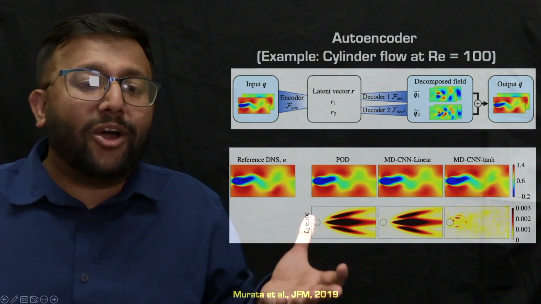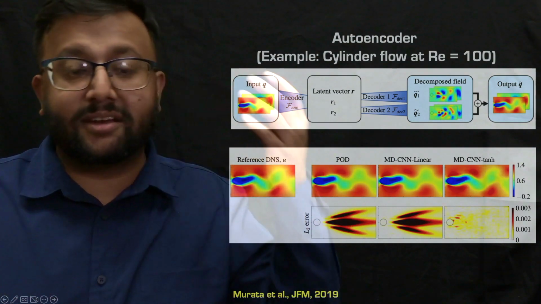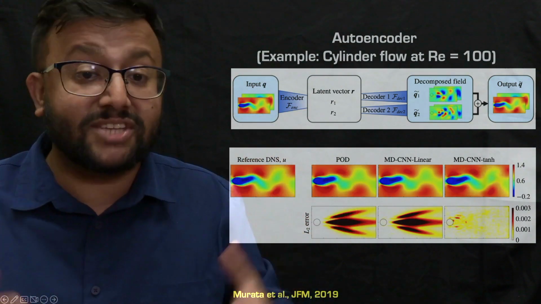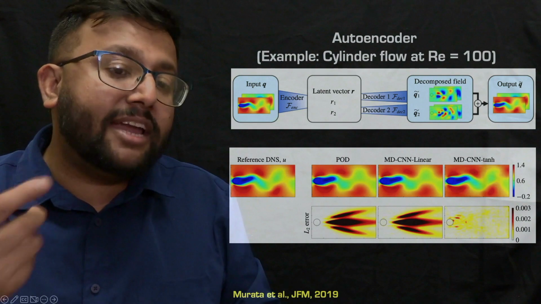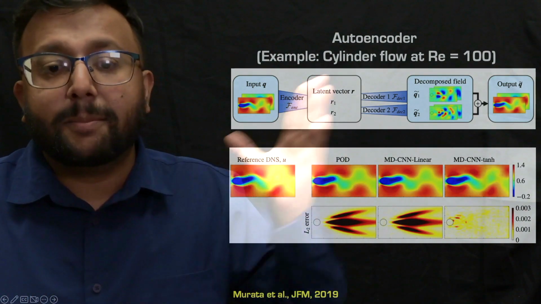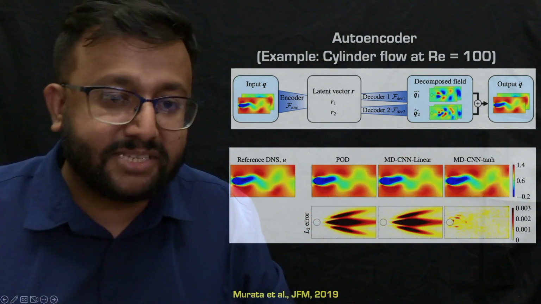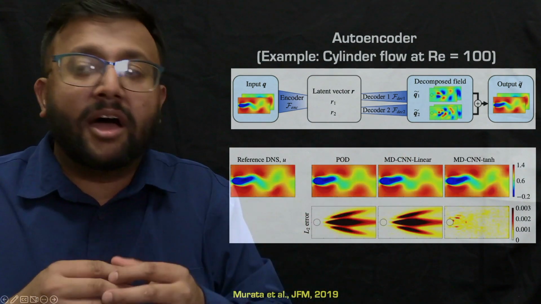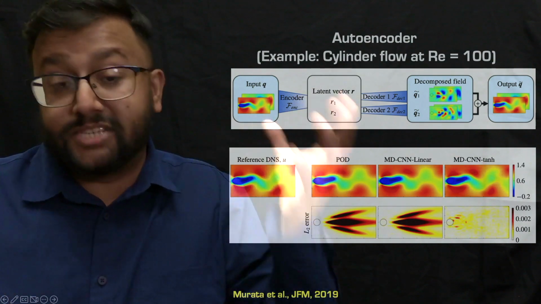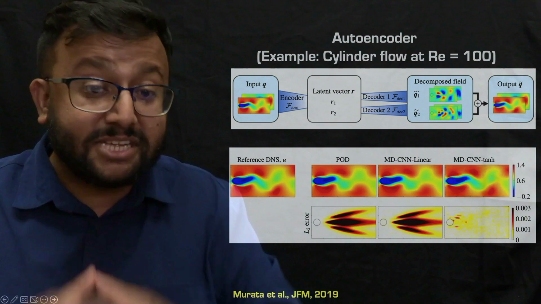So essentially what the autoencoder has figured out through training and backpropagation and minimizing this error is, hey, I need to encode these alternate POD modes and sum them up and represent them as Q1, and then maybe the POD 2, 4, and 6 and represent them as Q2.